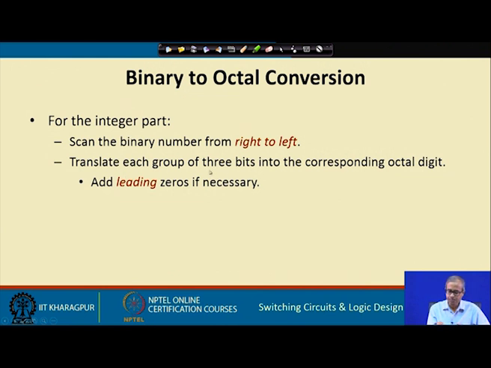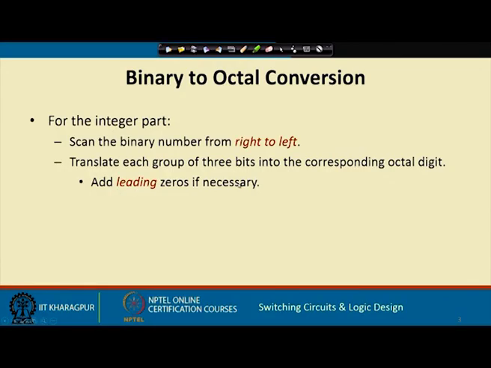During scanning, you make groups of 3 bits, and each group of 3 bits is replaced by the corresponding octal digit. This is the basic rule. Only for the most significant part, if the number of bits left is less than 3, you can pad zeros in the beginning to make it 3. So, add leading zeros if necessary.